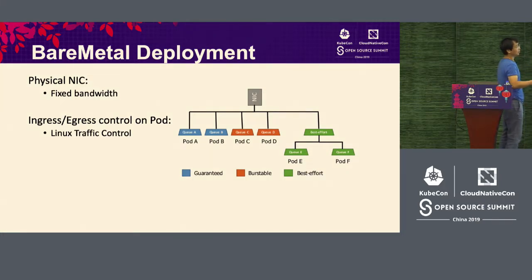So for each guaranteed pod there is a branch, and each burstable pod has a branch. The best effort pods share one branch. With the scheduling and the deployment, it is going to issue guarantees. The guaranteed pod is going to be deployed according to the request, to guarantee that all traffic will be sent out.